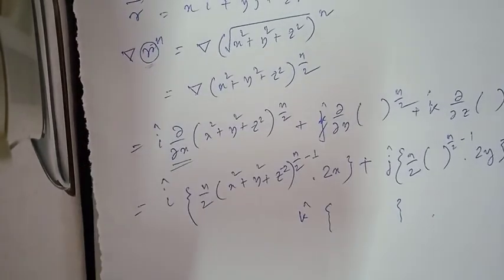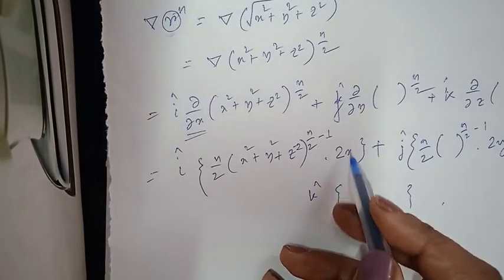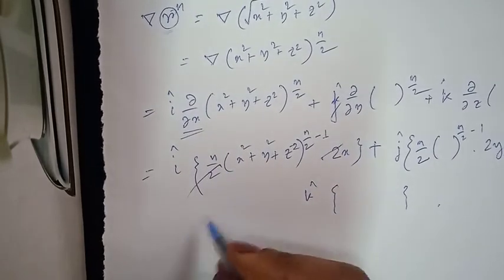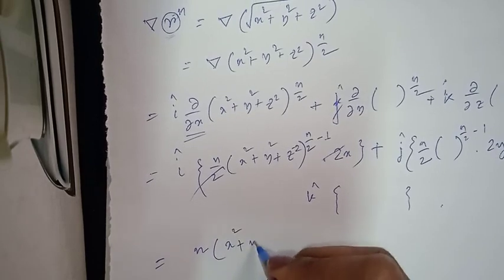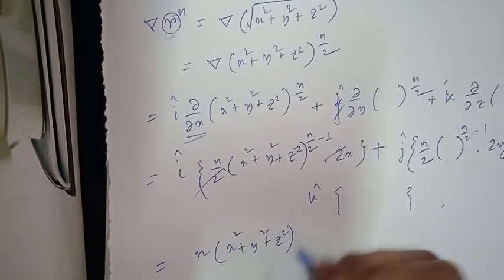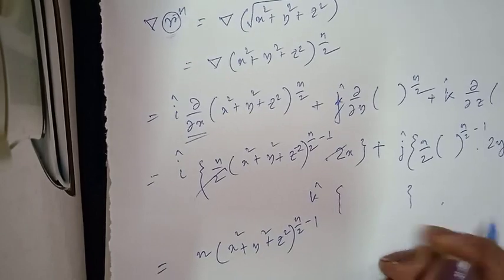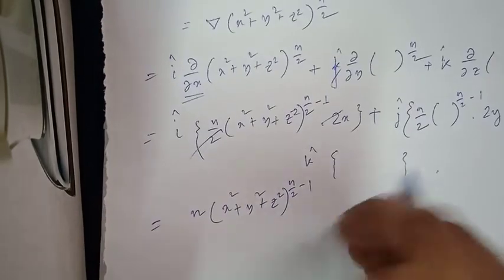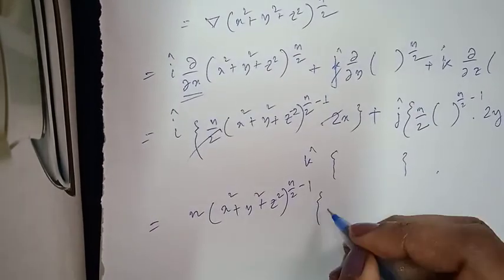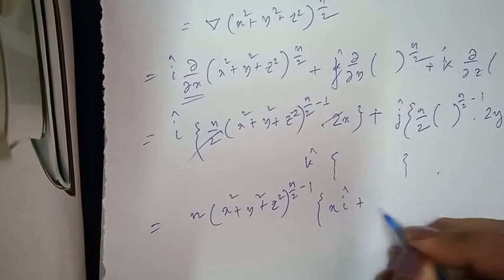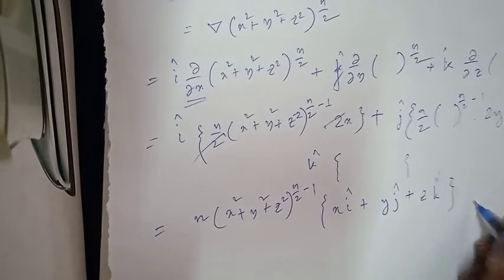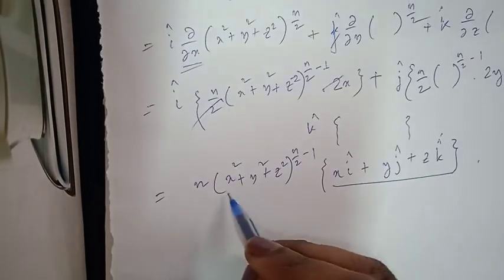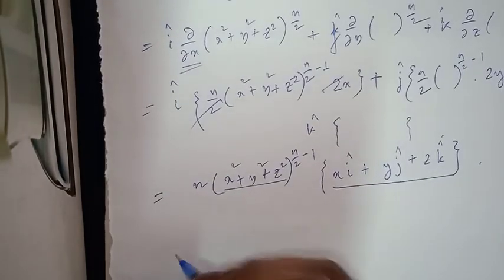Okay, so that 2 will get cancelled out, so we can take common n into x square plus y square plus z square, whole to the power n by 2 minus 1. Check, this occurs in 3 terms, so we can take it common. So here it will give you x i cap from the first term, y j cap plus z k cap, right? That means our r vector, and this means our mod r square.